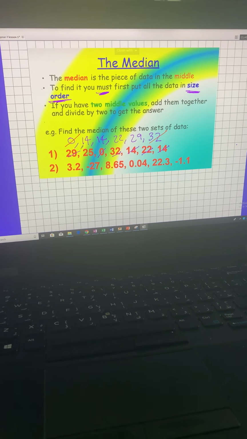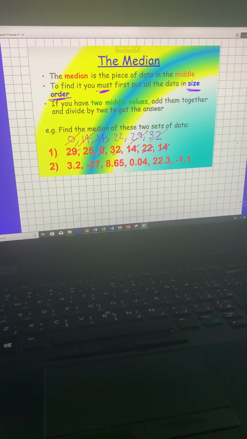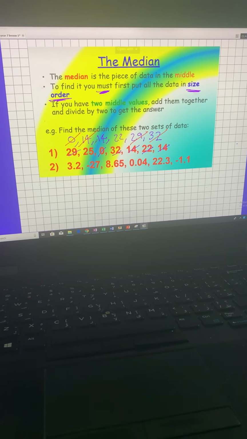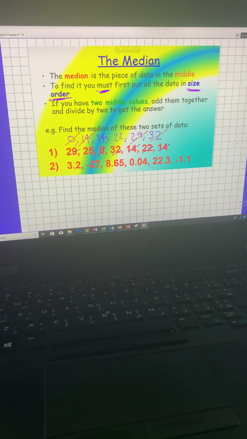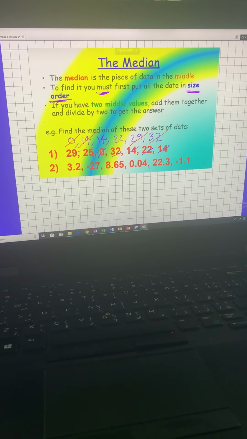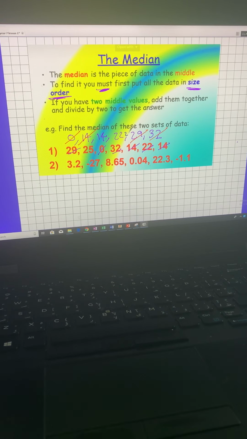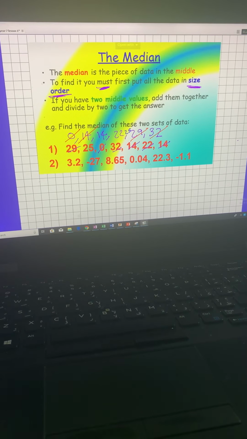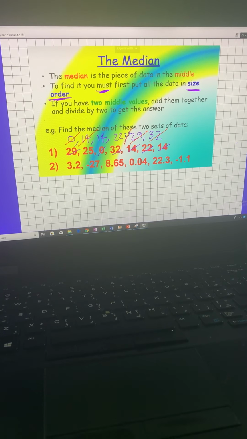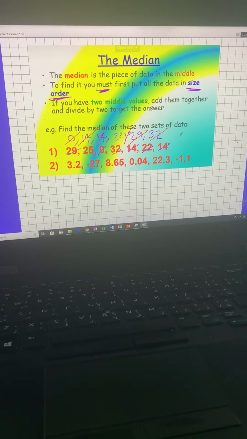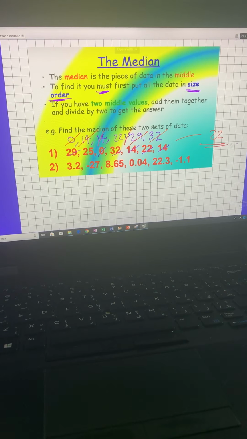One from the front, one from the back, one from the front, one from the back. Oh, you've got 2 numbers now in the middle. Have I done it right? 0, 14, 14, 22. Oh, I missed 25. Sorry guys. I'm just going to add 25 here and carry on crossing out. So I can cross 25 with 14. So my median is 22.